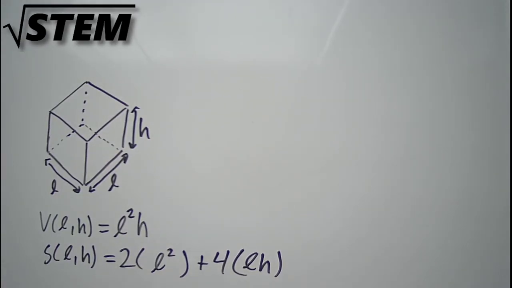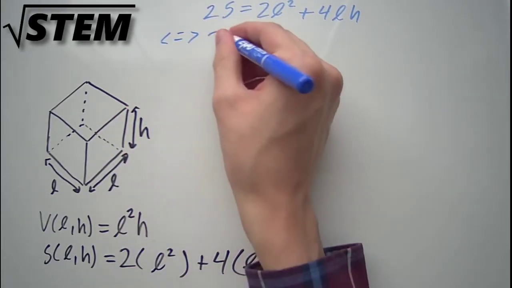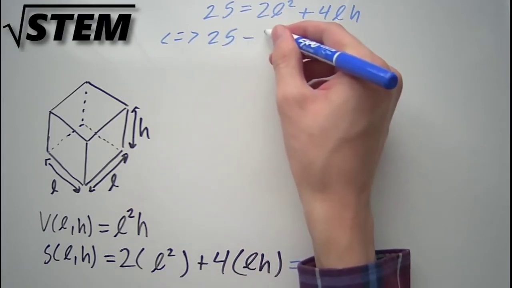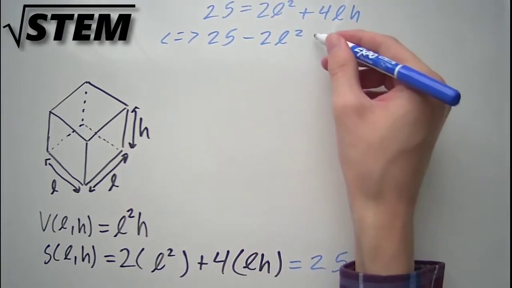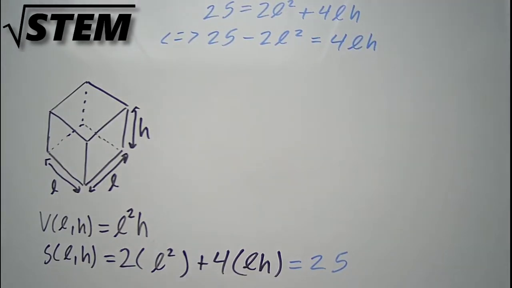This time we're going to restrict our surface area and say that it is equal to 25 square units, and then we'll maximize the volume. So, once again, let's solve for H in terms of L. We can subtract 2L squared from both sides to get that 25 minus 2L squared equals 4 times LH.